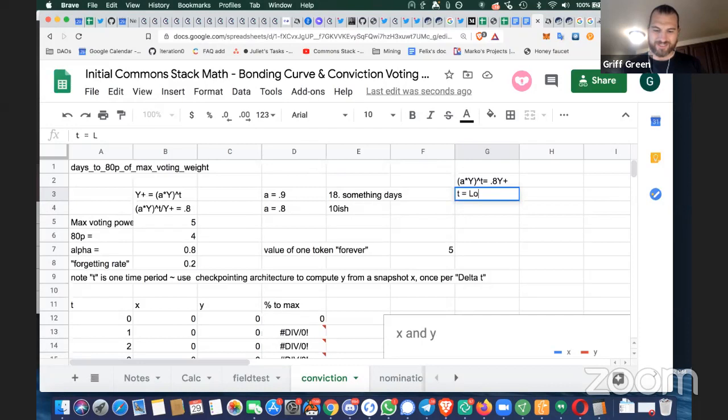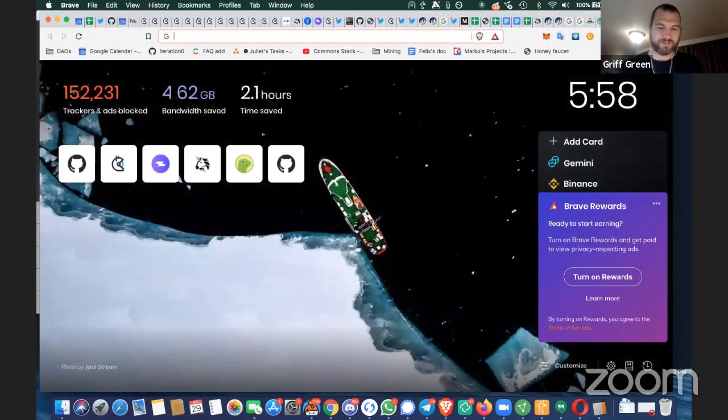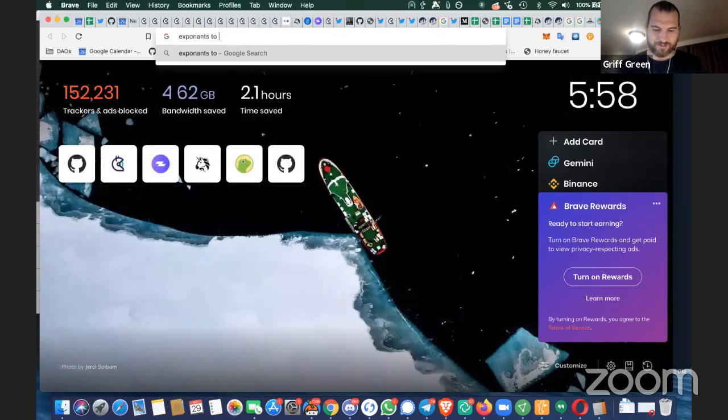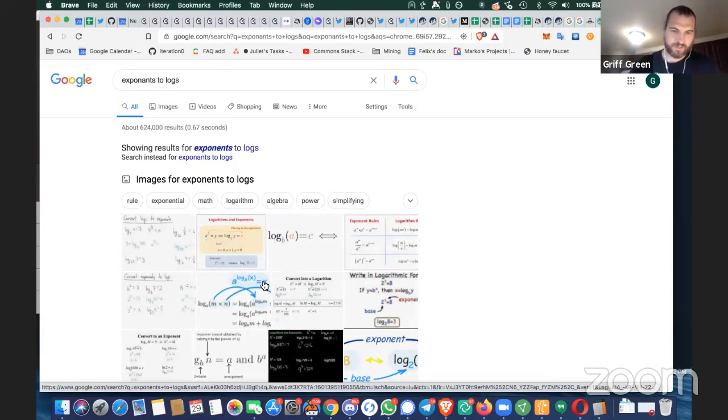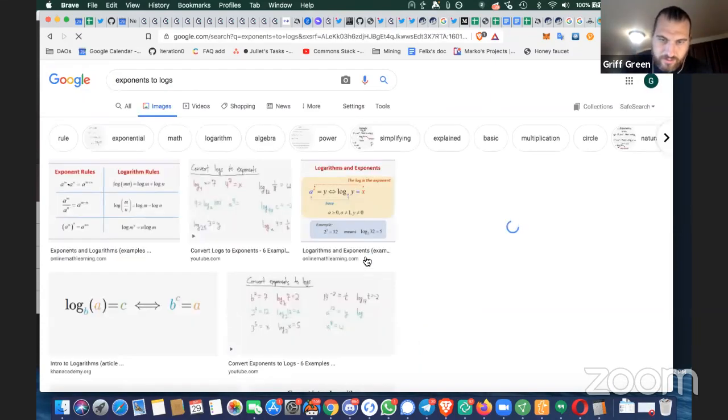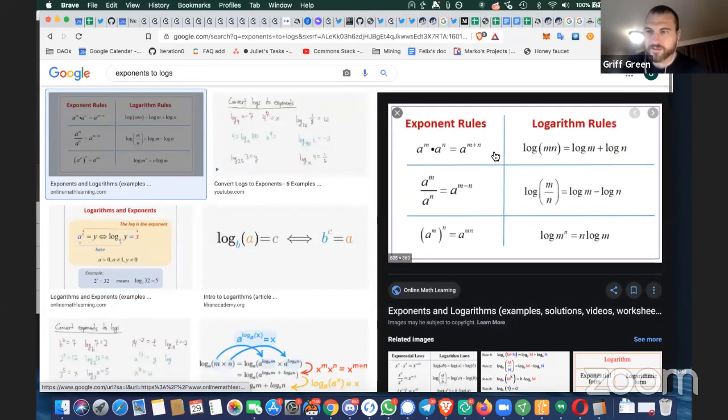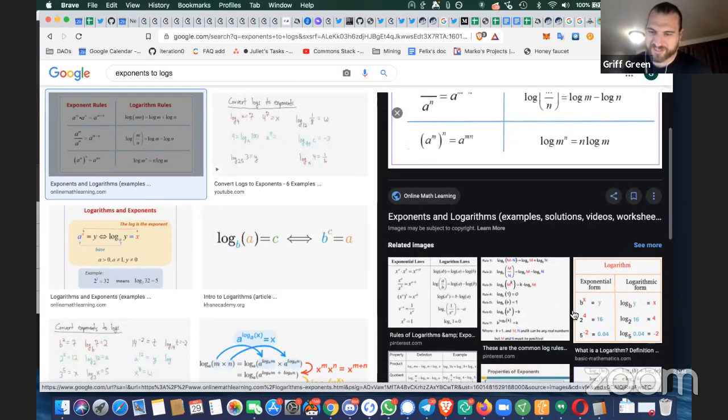t equals log. Wait, maybe it's... Even I forgot that. Yeah, dude, I don't know whoever uses this stuff.